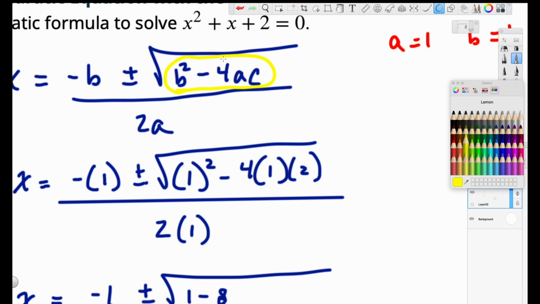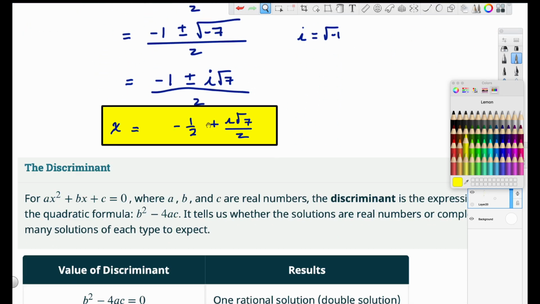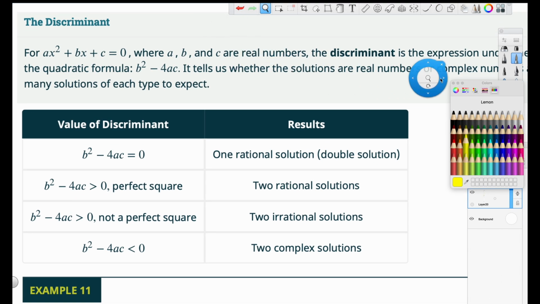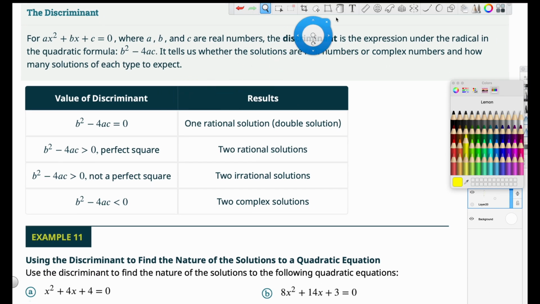Depending on what this value is, it's going to tell us about our solutions. So this is called the discriminant. It's the expression under the radical in the quadratic formula, b squared minus 4ac, and it'll tell us this right here. If b squared minus 4ac is 0, there's only one rational solution. It ends up being a double solution, but it's still only one solution.